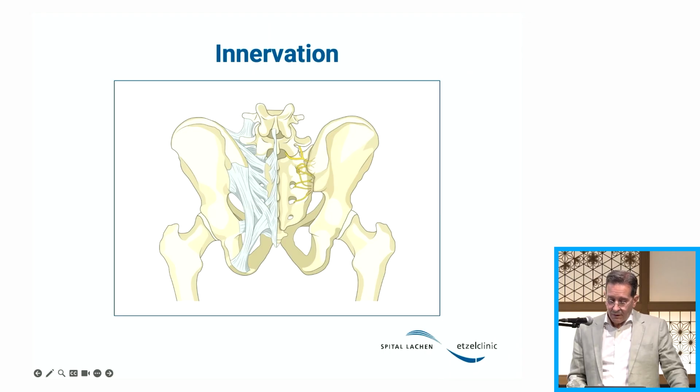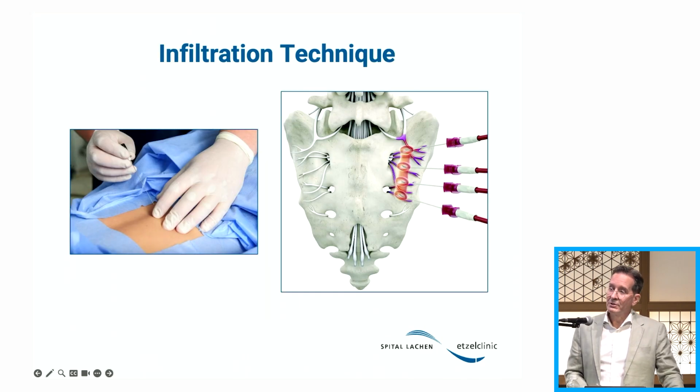And since last year, our neighbors, Germany, they have come up with a huge work. It's like 120 pages on what they have to do to test while they inject the SI joint before they're allowed to do a radiofrequency ablation.